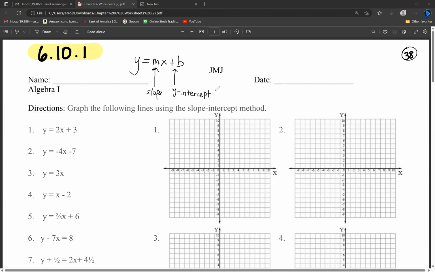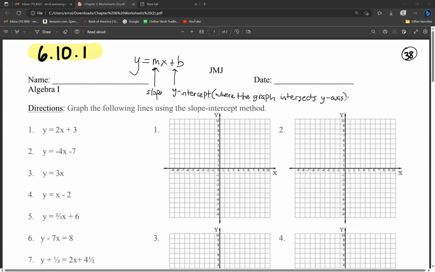Y-intercept means where the graph intersects the y-axis. That make sense? Y-intercept, where the graph intersects the y-axis. Okay, so copy that down in your notes.